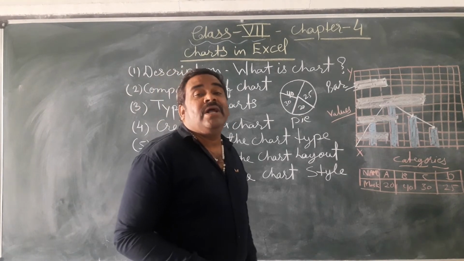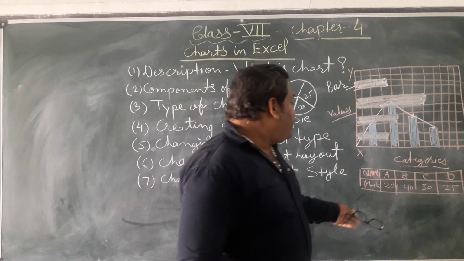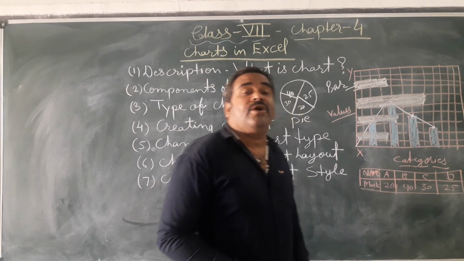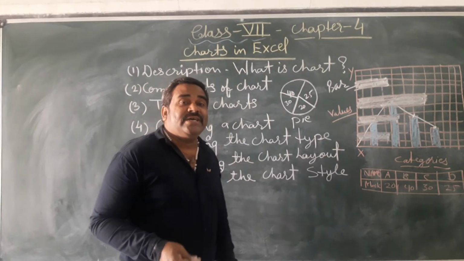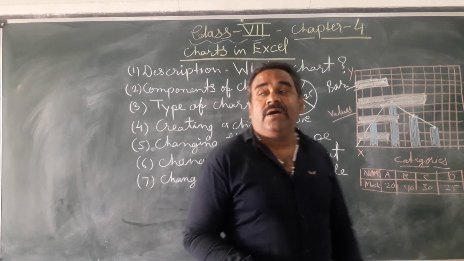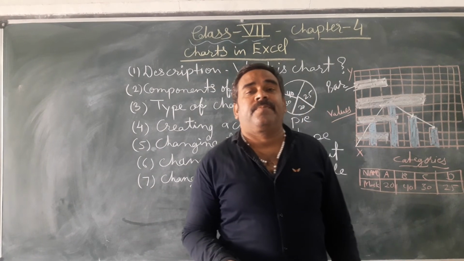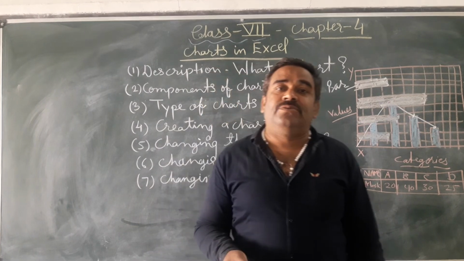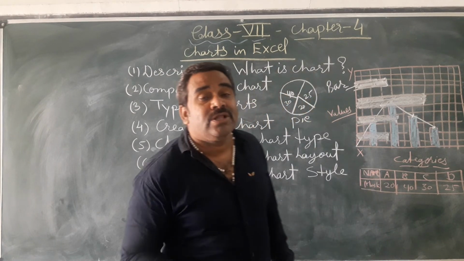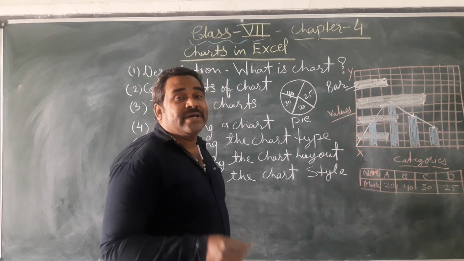So it is very simple to create a chart. First of all, we need data when creating a chart. It is very easy to create a chart. Just go to Microsoft Excel and create some database depending upon your choice. Select all the categories, then go to the Insert option.